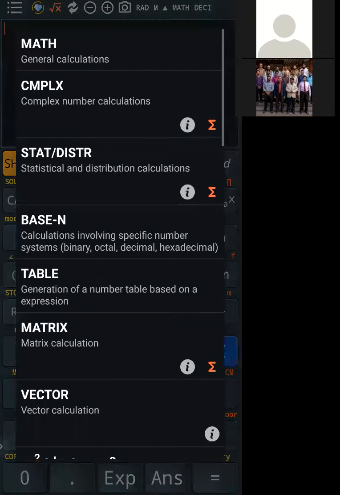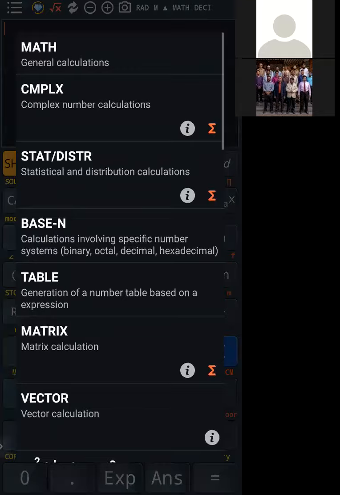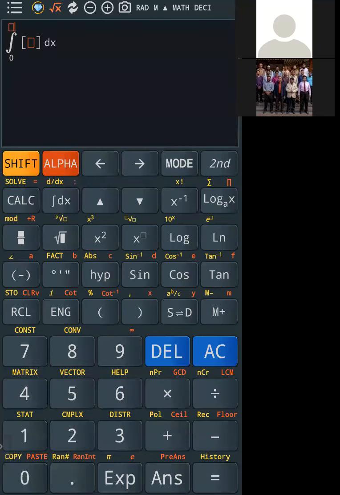Let's write down integration 0 to 1 of x cube minus 3 into x, into the second bracket, x square minus 2 into x plus 2.